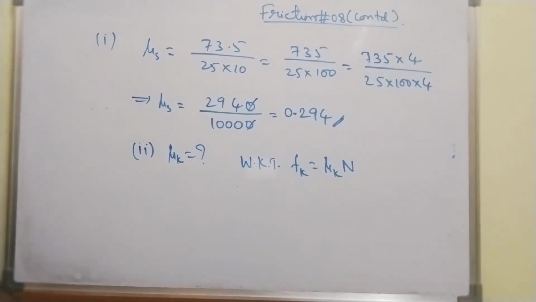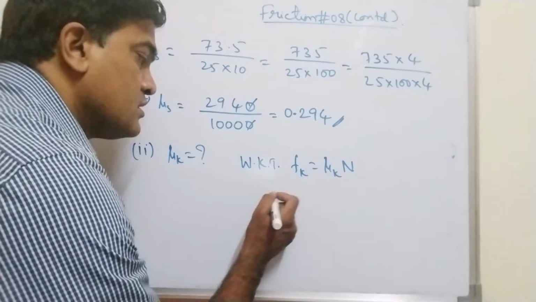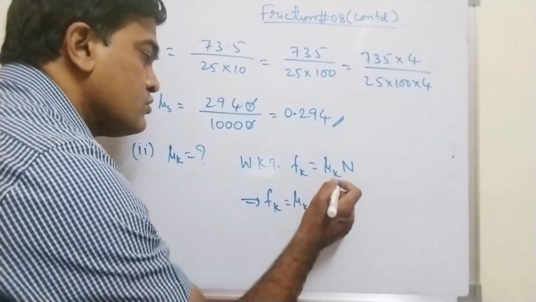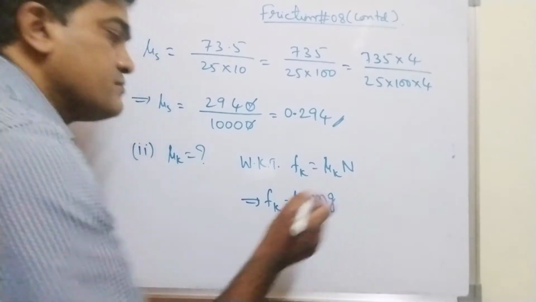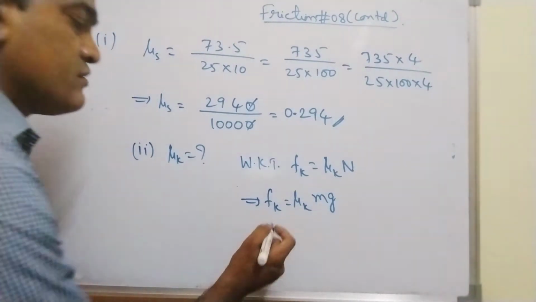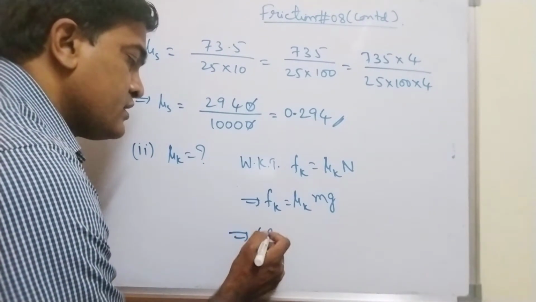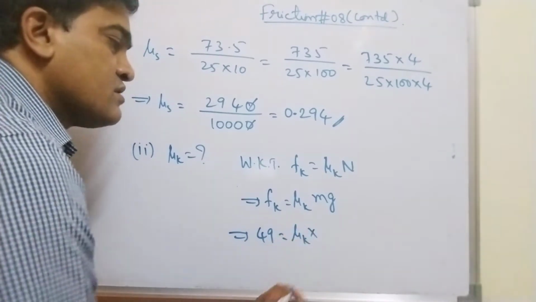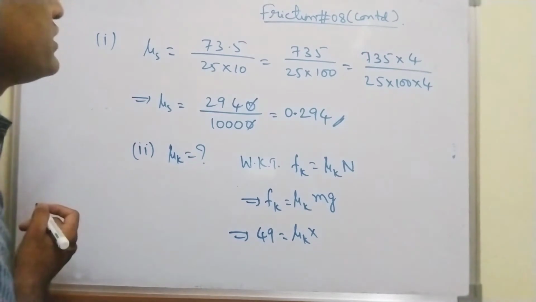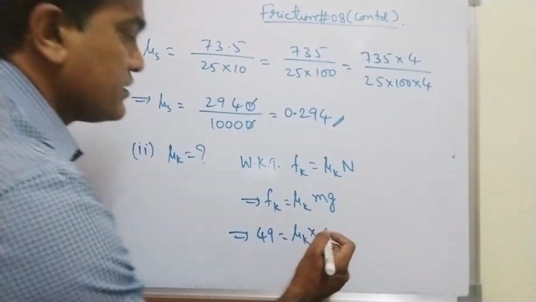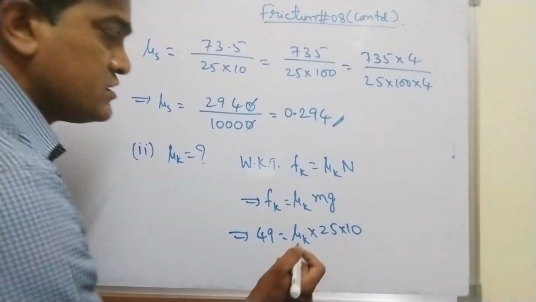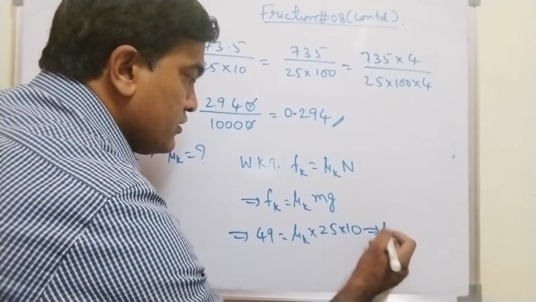So Fk is equal to μk into normal force, which is balanced by mg. From this I can write 49 is equal to μk into the mass of the block, which is 25, so 25 into 10. Solve this to get the value of μk.